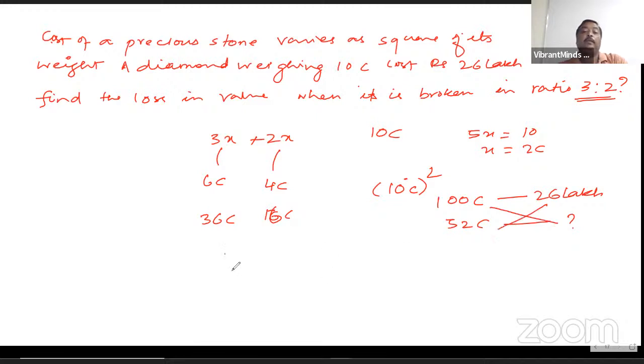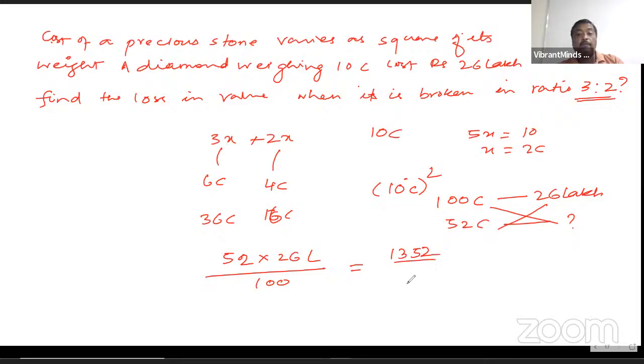So 52 carat square, the cost will be how much? Cross multiply. So 52 into 26 lakh divided by 100. So this is 52 into 26. 26 twos are 52. 26 fives are 130 plus 5, 135.